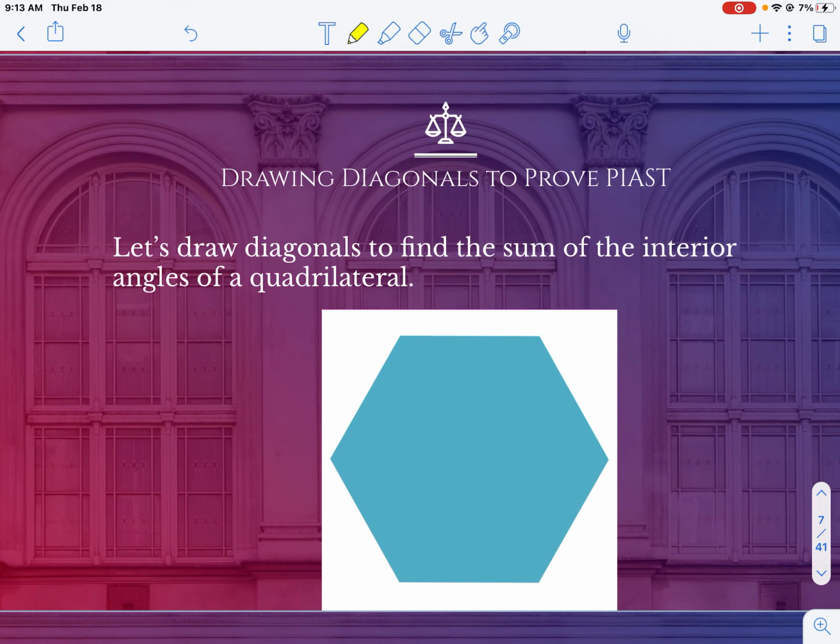Okay, so now this next one, we're looking at a hexagon. We want to find the sum of the interior angles. So we just start drawing diagonals. It doesn't matter where you start. Maybe you want to start at the top. So maybe I'll draw one straight down. Sorry, that's not very good. I'll draw one straight across.